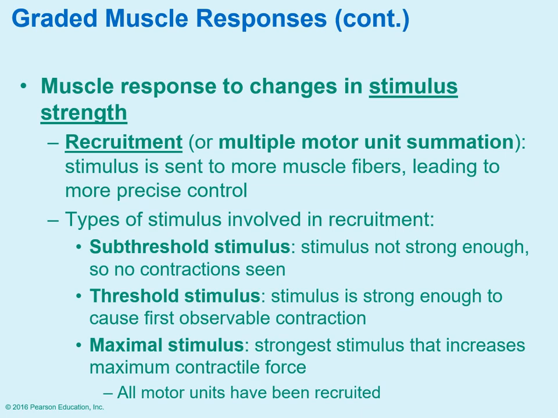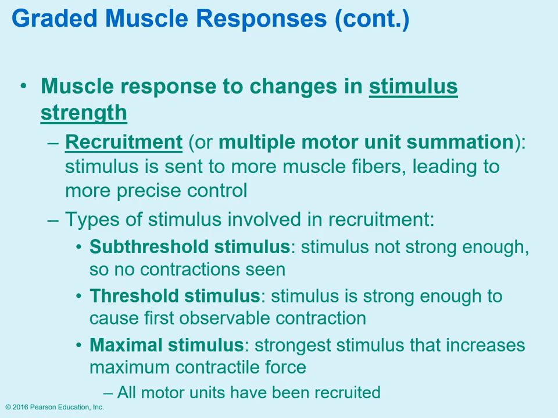Recruitment just talks about having multiple motor units. You have a stimulus coming in. There are different types. A subthreshold stimulus is not strong enough to generate that action potential, so you didn't reach threshold, so you don't see any contraction. With a threshold stimulus, the stimulus is strong enough to cause the contraction because it did reach threshold.